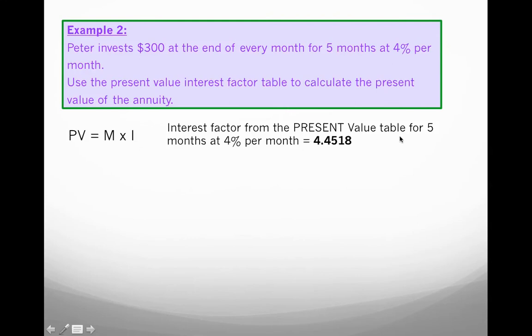From the present value table, if you look at the factor for 5 months at 4% per month, it's 4.4518. Substituting that into the formula, $300 per month times the interest factor gives a present value of $1,335.54.